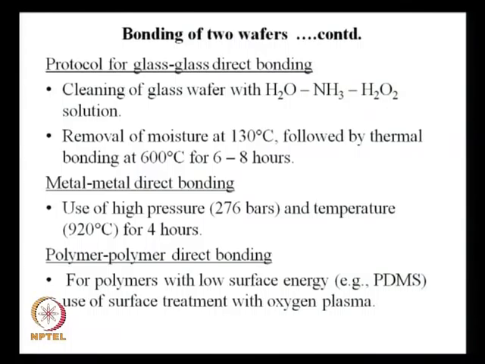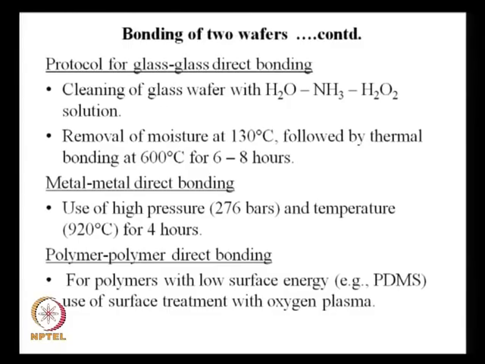Similarly, for glass direct bonding, we discussed silicon direct bonding. For glass direct bonding, cleaning of the glass wafer with a solution I mentioned here, H2O, ammonia, H2O2, and then removal of moisture at 130 degree centigrade. First, that has to be put in an oven, so that you get rid of the moisture, and then the thermal bonding takes place by putting these two glass layers one against the other at 600 degree centigrade for 6 to 8 hours.